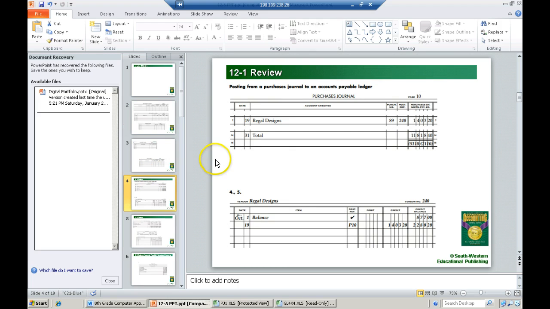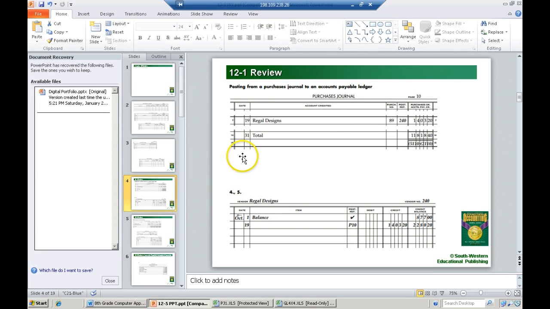12-1, just a quick review from posting from any journal to your ledgers. Now 12.1 and 12.2 dealt again with accounts payable only. Accounts payable means that we purchase something on account. We owe them money at a certain date, whatever the terms are.